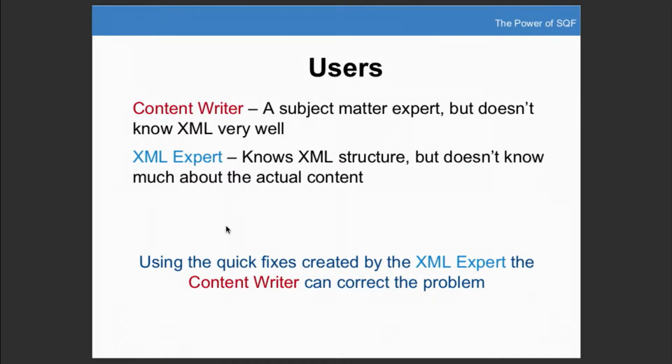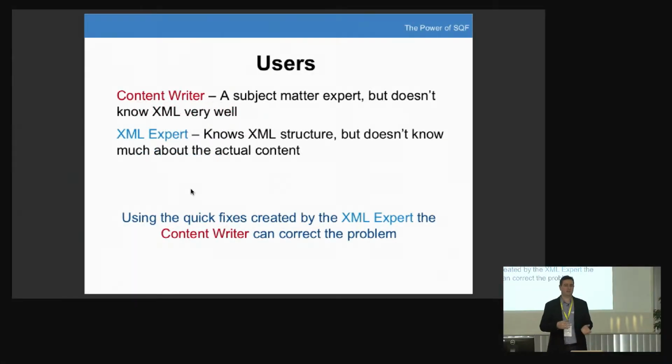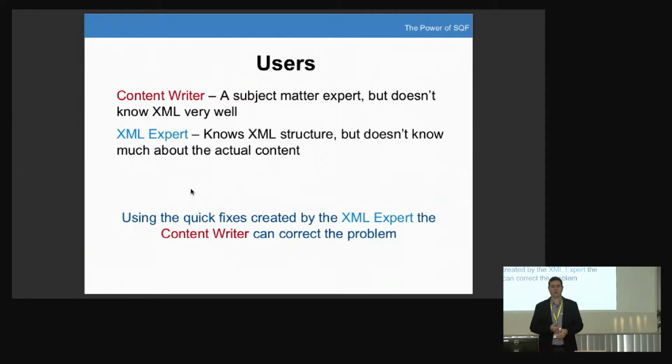But the idea is that the content writer is not always an XML expert, and sometimes needs advice from an XML expert, and needs to ask, okay, what should I do here? Or if he does this alone, he can make mistakes and generate another problem. Maybe he doesn't copy all the attributes from the list that is split, or something like this.